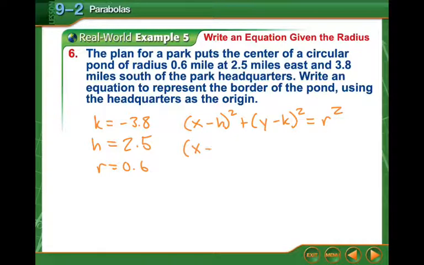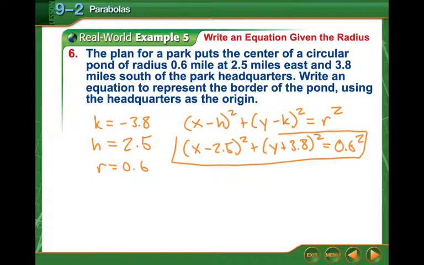So that's x minus 2.5 squared plus y. Since that's negative, we're going to change it to plus 3.8 squared equal to 0.6 squared. We could square that 0.6, actually we'll leave it like that. That's fine. It'll be 0.36, but that's fine.